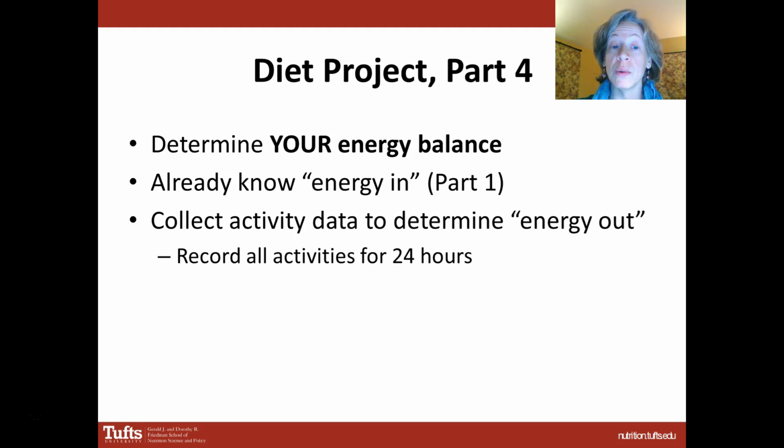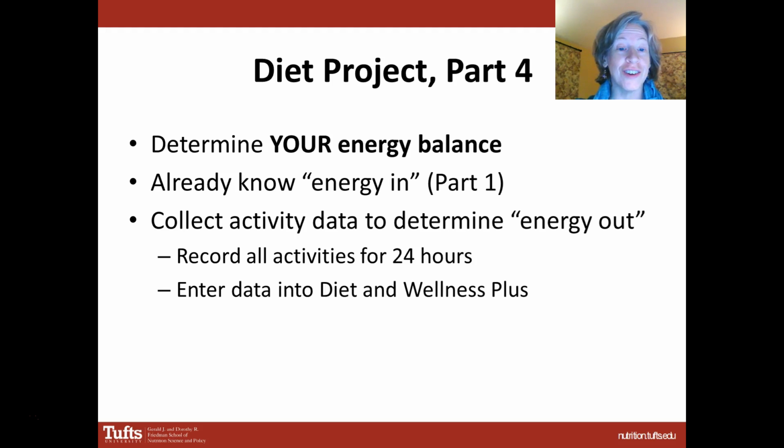So what you have to do is record all of your activities for just one 24-hour period. Try to make sure this is a day in which you're engaging in your usual activities, not a day that you're helping a friend move or running a marathon, unless you do those things every day, because then they're going to throw off this estimate.